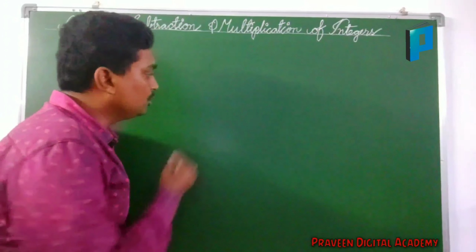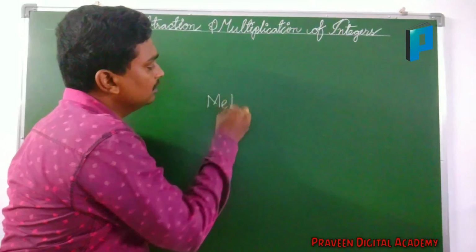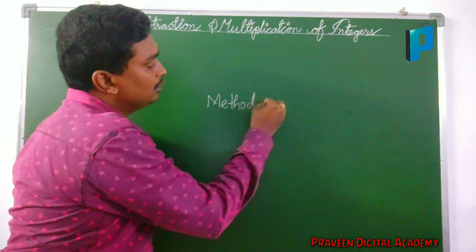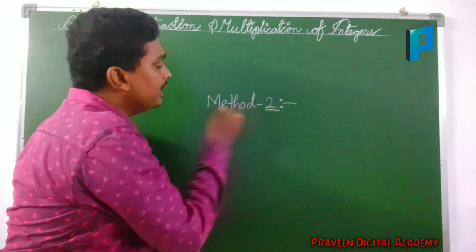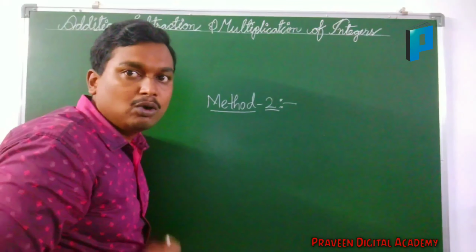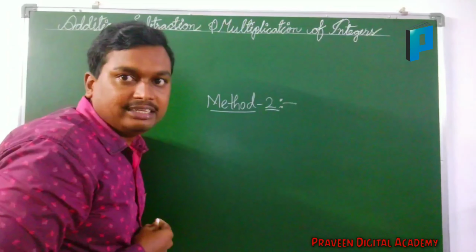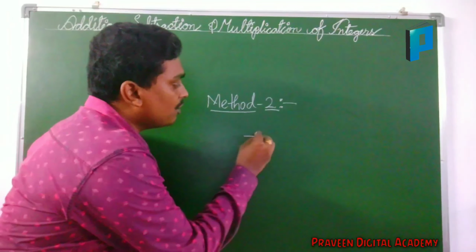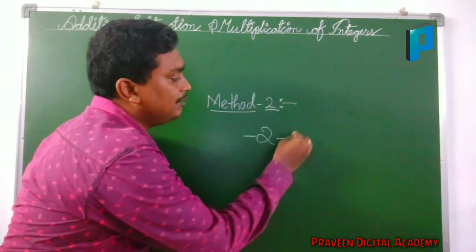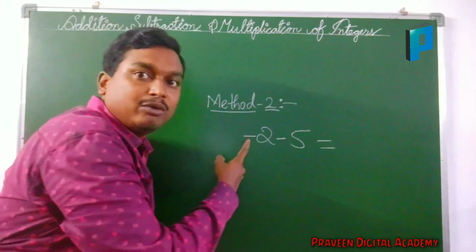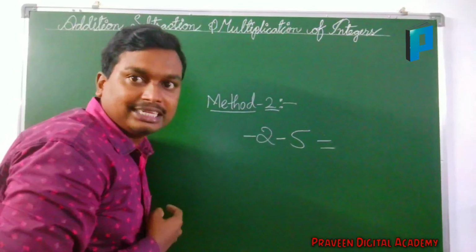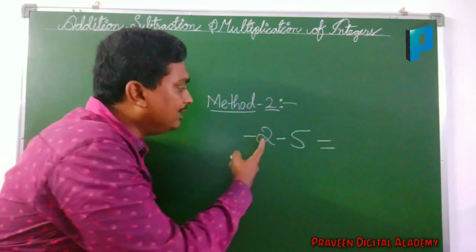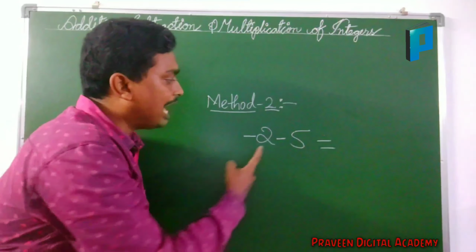Come to method 2. Here method 2 will have two negative integers. If you are having minus 3 minus 5, whenever we are having both minus signs, at that time we should add the numbers.